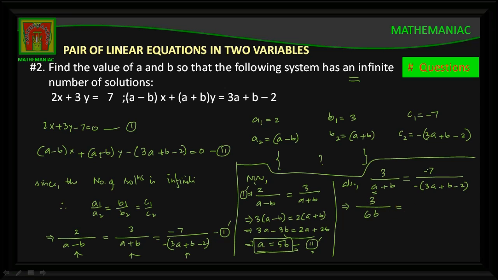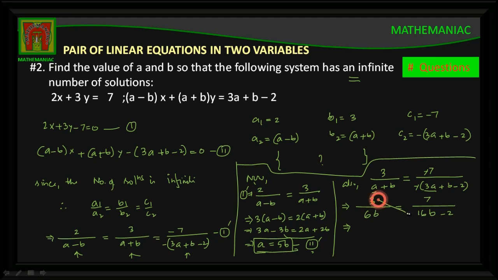6b. Great. Then minus, already I can cancel as I told you earlier. Then 3a, right? 3a means if I put 5b in place of a, it will be 15b, right? 15 plus this will give me 16b, and then minus 2. Okay, so now you get this multiplication done as immediately as possible, right?